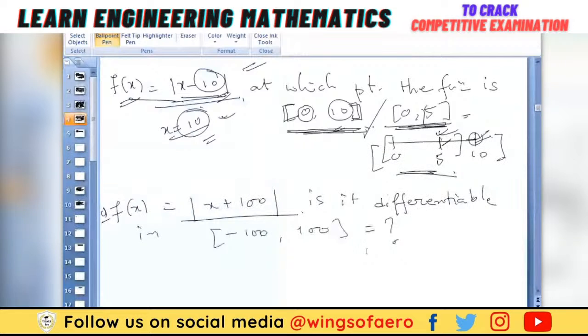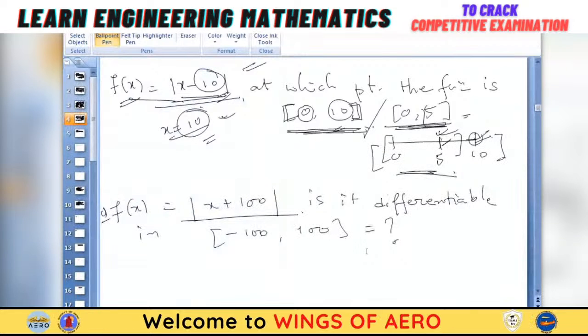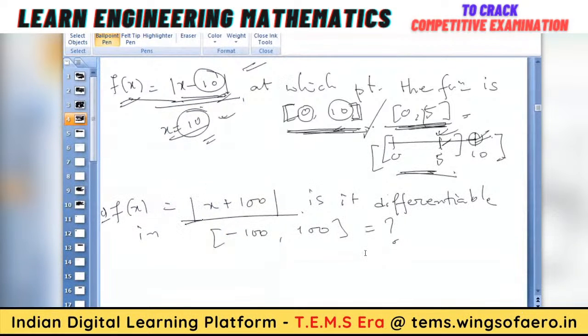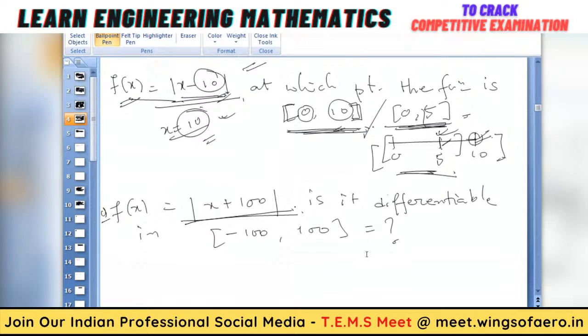So tell me at which point the function is not differentiable. This function is given as mod of x plus 100. So at which point? Yes, minus 100 point, exactly.